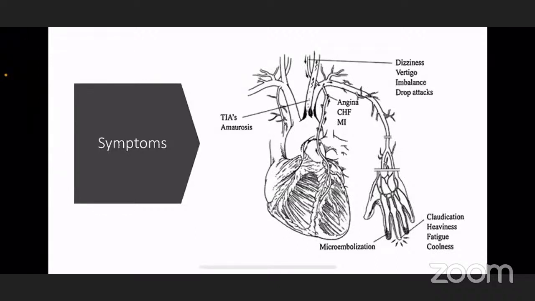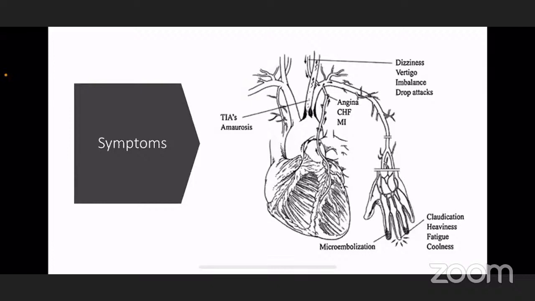But if the patient had stealing from the internal mammary artery, he can have angina, compensated or decompensated heart failure, or acute or new onset heart failure. He can also have angina or myocardial infarction.